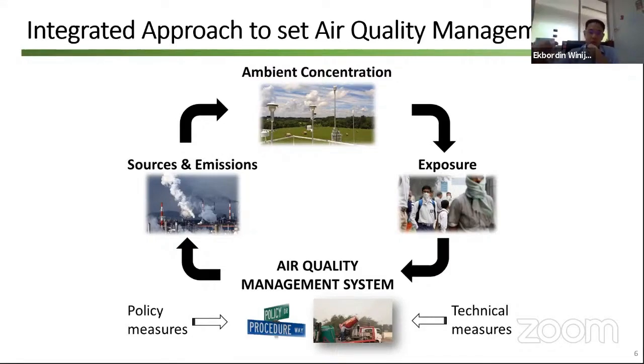So we may apply some policies to reduce emission from the industry by 50% or something like that. And after we apply those regulations, we also need to check the ambient concentration, whether the regulation that we apply is effective or not. Then this is the loop of the system for air quality management.